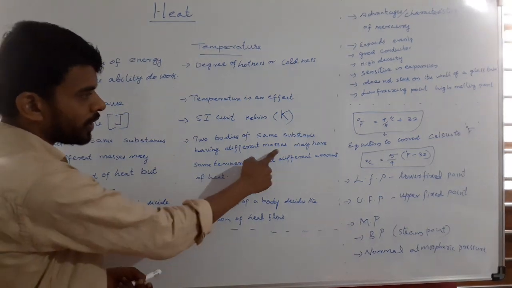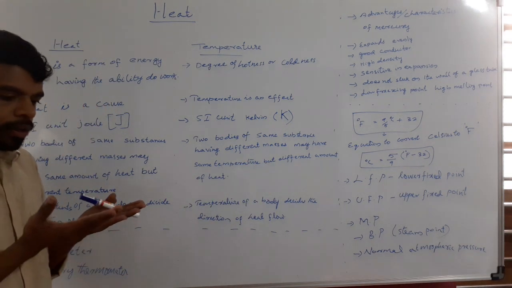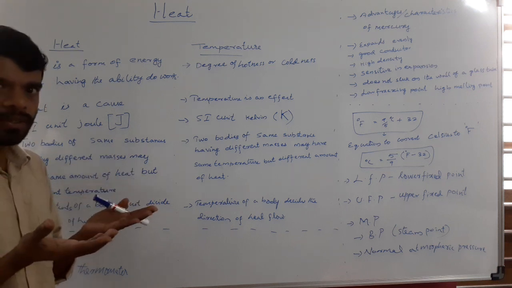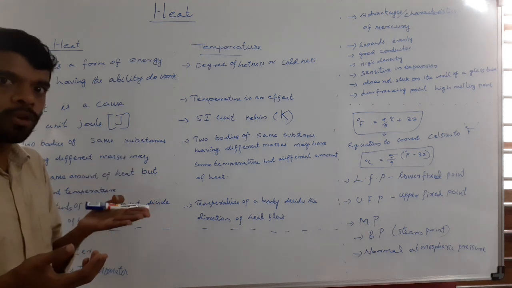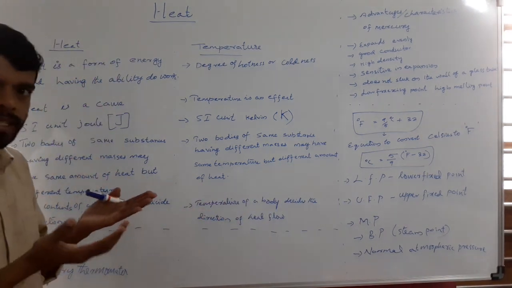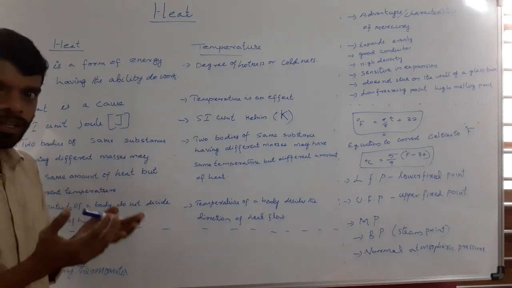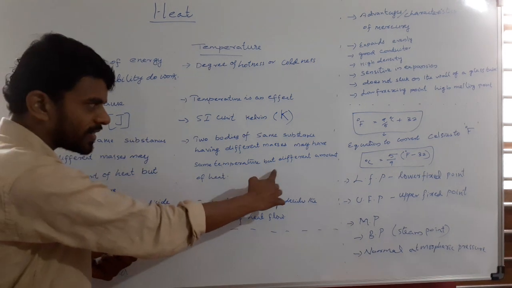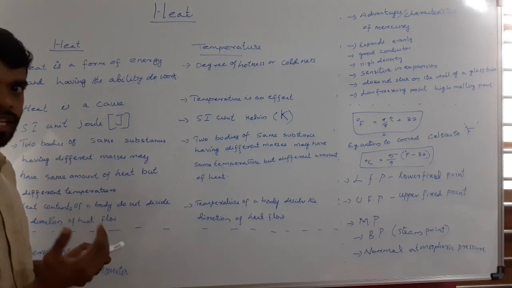Two bodies of the same substance, just like 1 kilogram of water and 2 kilogram of water, having different masses, may have the same temperature but a different amount of heat. 1 kilogram of water and 2 kilogram of water both at 30 degrees Celsius: since the mass is higher, the amount of heat will also be higher. So if the temperature is the same, then the amount of heat will be different.